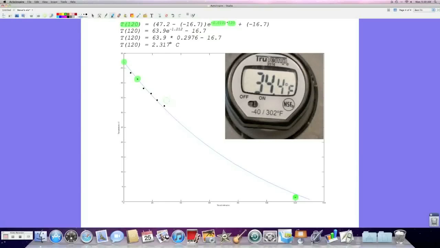the value of K. Now, some of the problems that could exist are that maybe my reading after 10 minutes wasn't exactly correct. Maybe I didn't shake the water well enough. There could be a lot of variables here. So determining which is more accurate, the theoretical or the actual, it's hard to say.